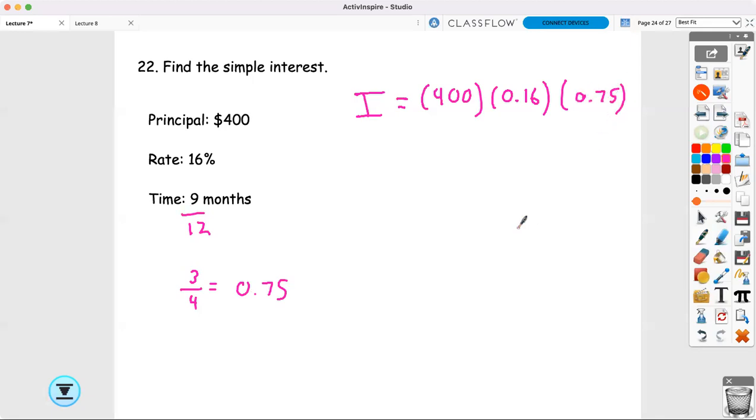Thank you. Now we multiply all those and my calculator out. 400 times 0.16 times 0.75, which I got $48.